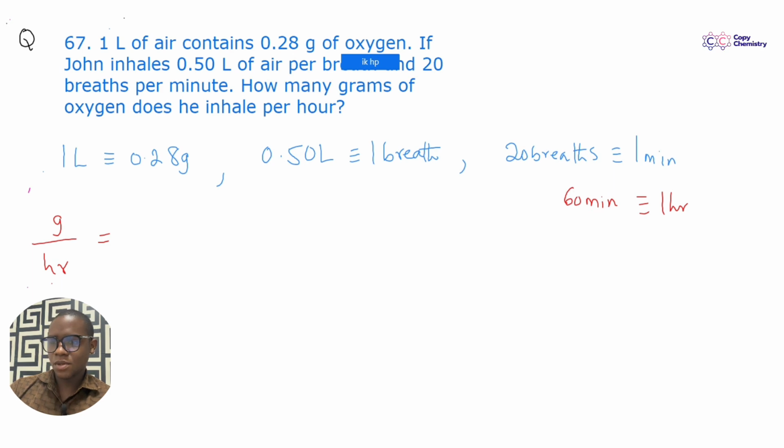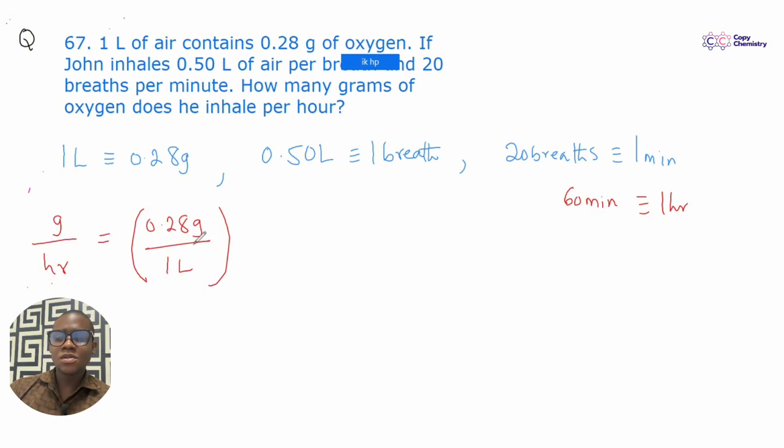So let's start using what we have. 1 liter is equivalent to 0.28 grams of oxygen, so I'm going to write it as 0.28 grams of oxygen divided by 1 liter. Remember, my plan is to do this multiplication in such a way that some of the units will cancel out and I would eventually have grams over hour. That's the aim.